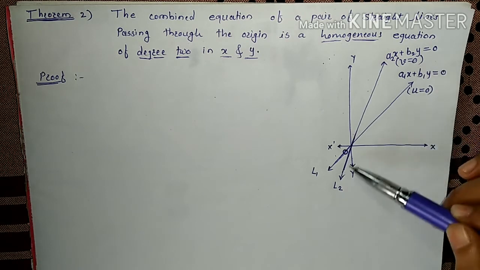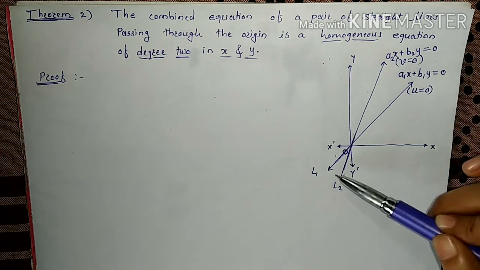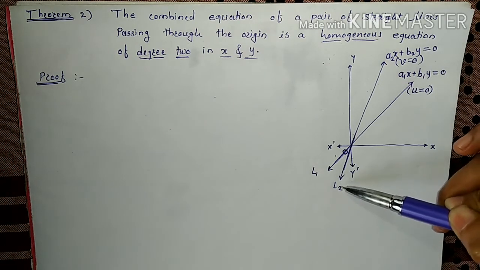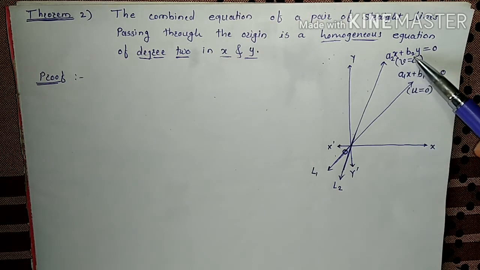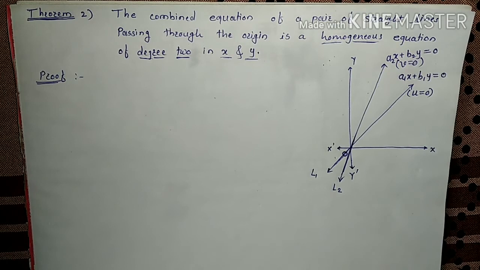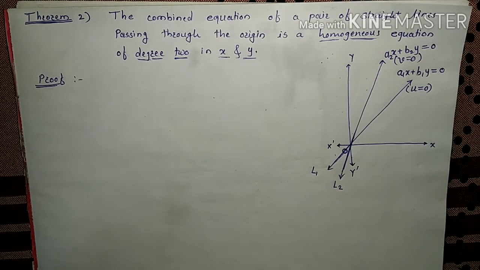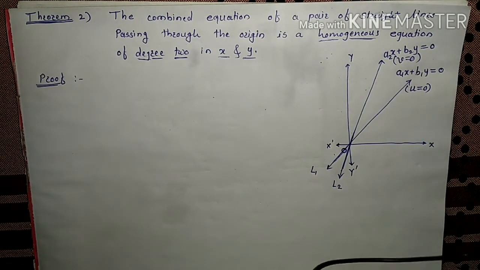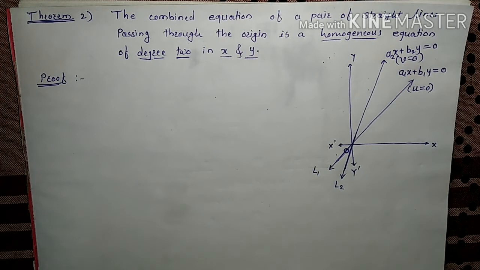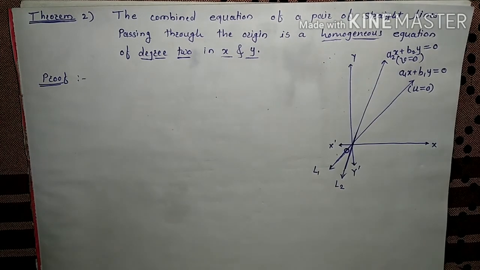For L1 we have written the equation a1x plus b1y is equal to 0, and we have assumed the equation for L2 as a2x plus b2y is equal to 0. Now we want to find the combined equation for these two lines L1 and L2, so we have to find the equation u into v is equal to 0. Let's write it properly.